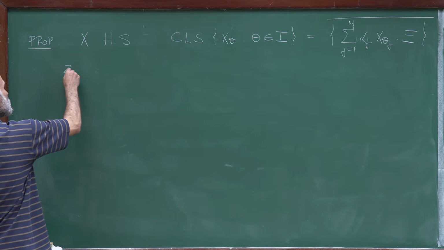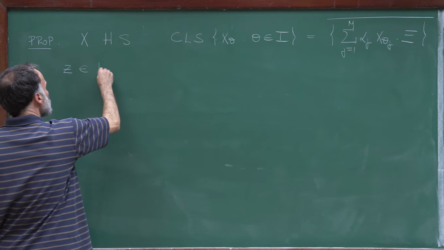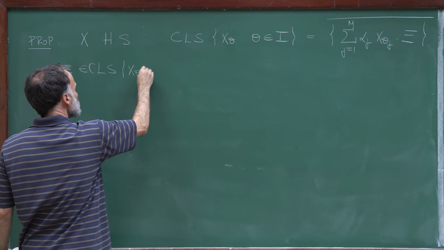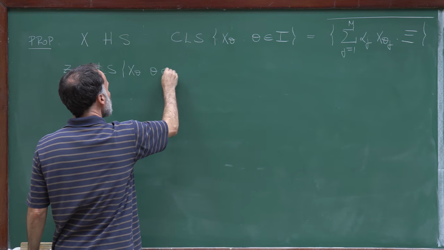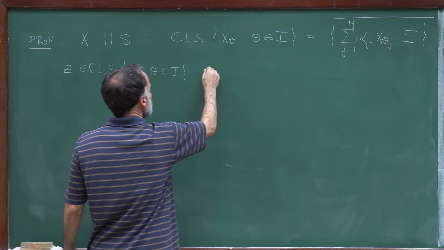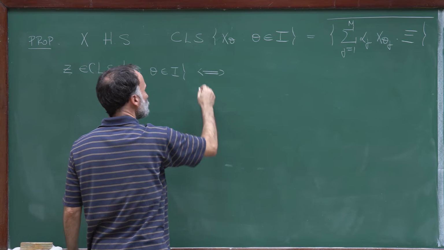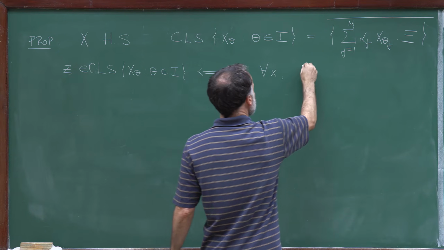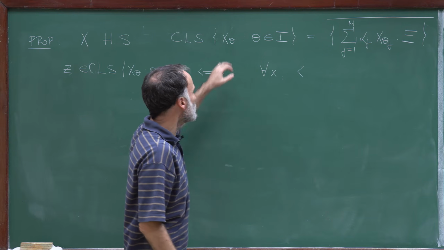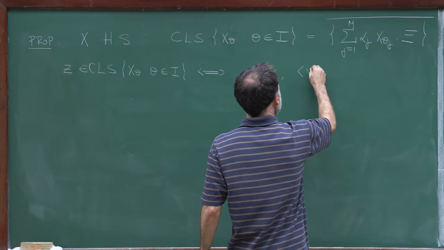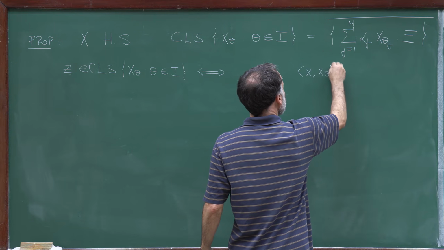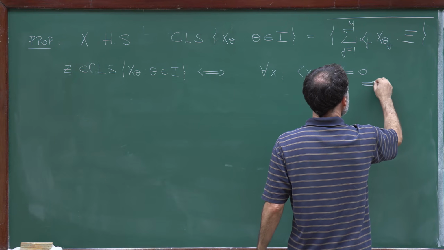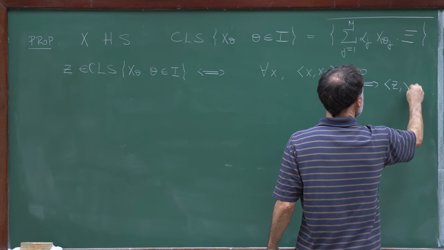So it states that z belongs to the closed linear span of this set x_theta, theta in I, if and only if, for all x which is orthogonal to all x_theta, that is, the scalar product of x with x_theta is equal to 0, this implies that z is also orthogonal to x.